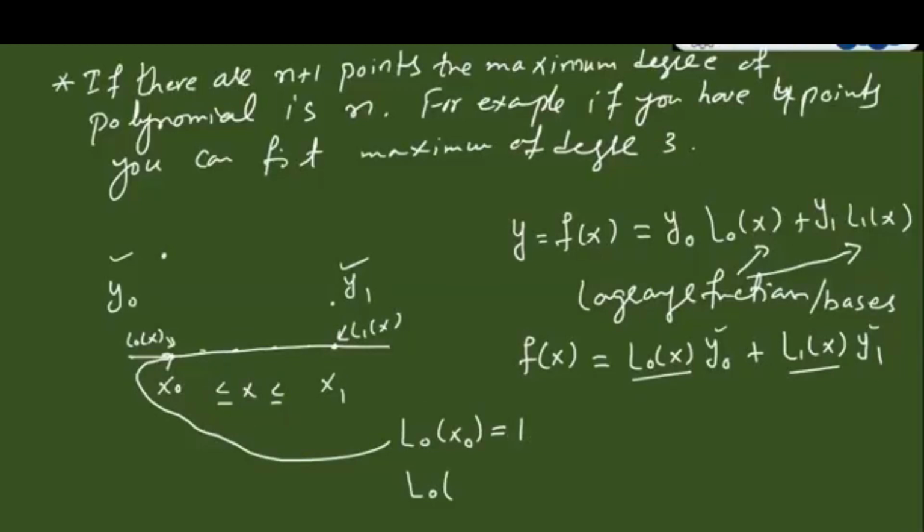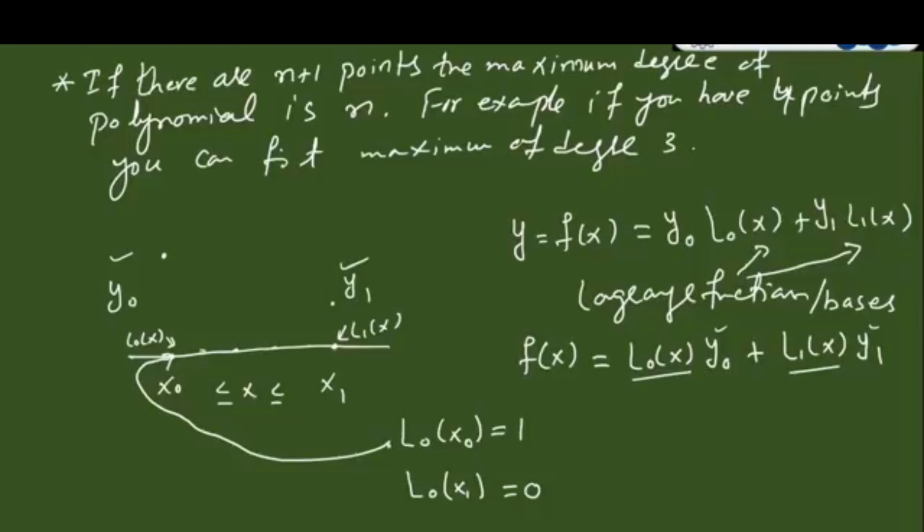I already told you they have some sort of an on and off mechanism. Apart from that, any other node you select will give 0. So if I know this function, I can put x0, then I can put x1 as well. If I put x1, it has to be 0. For example, if there is x2 as well, 3 points, then if I put x2 in L0, it also has to be 0.